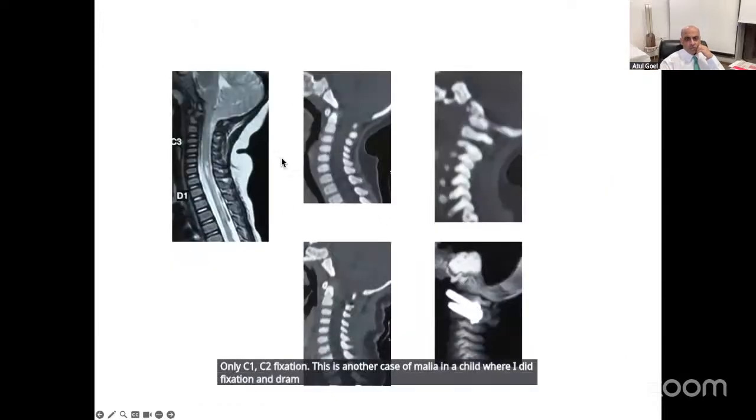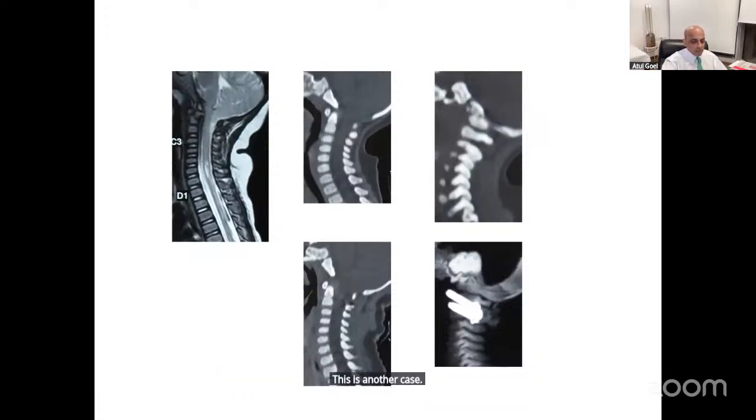This is another case of syringomyelia in a child where I did fixation, and dramatic is the clinical outcome. This is another case in a child where I did, you see this, no problem here, no problem here, no problem here.